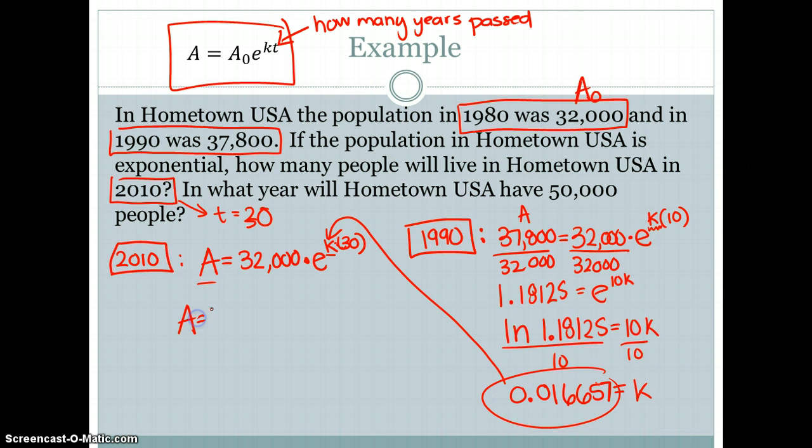So A equals 32,000 times e to the 0.01667 times 30. Type that in and we get a population of 52,743.78, but you can't really have 0.78 of a person, so we'll just keep it at 52,743 people.